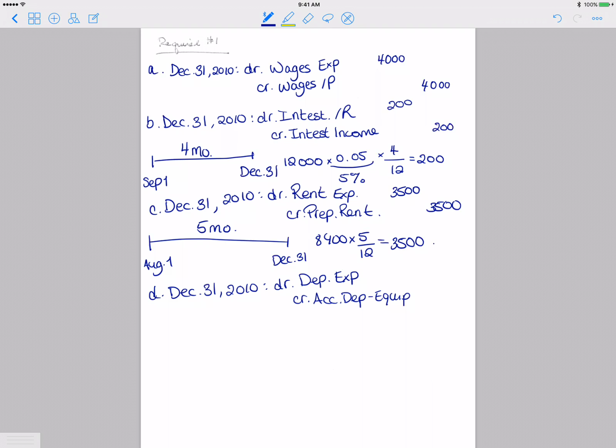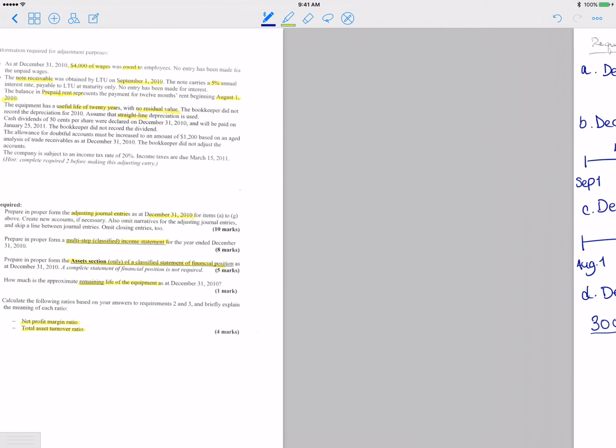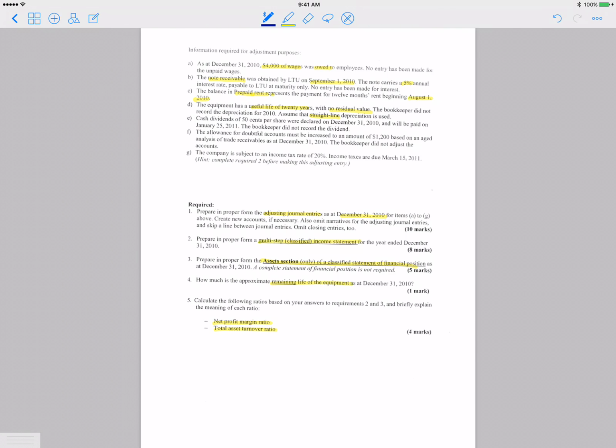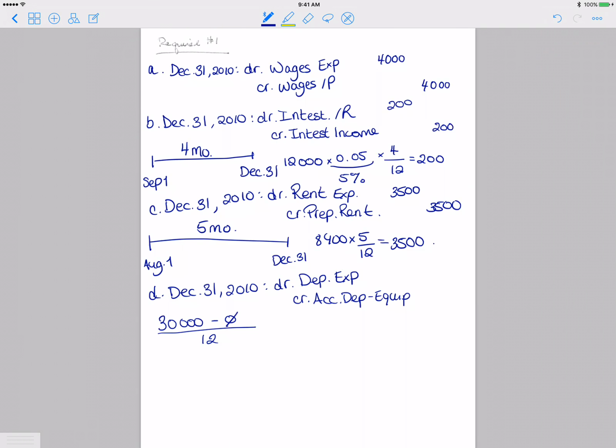So here we know that for the depreciation expense, we have an asset worth $30,000 with 0 residual value, and we divide that by the useful life, which we were told is, sorry, excuse me, not 12, 20 years. So let me just fix that.